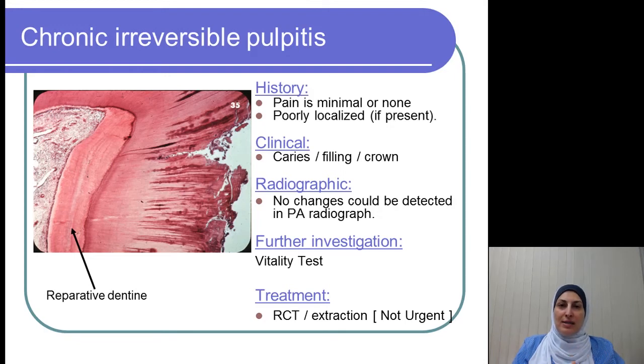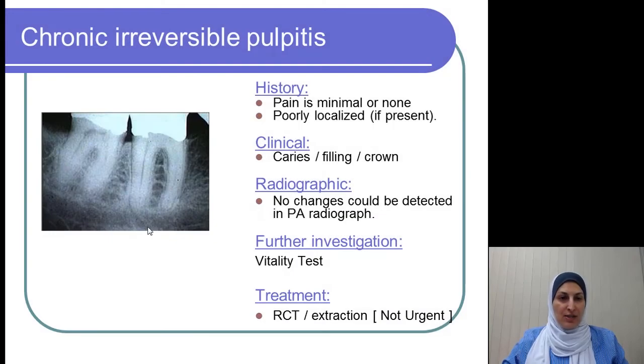So the pulp tries to confine the inflammation, get itself away and far from the irritation by laying down more and more reparative dentin, as you can see here. So here is the source of irritation. These are the dentinal tubules where the irritants, the bacterial toxins, come to get to the pulp, and the pulp tries to protect itself by laying more and more dentin.